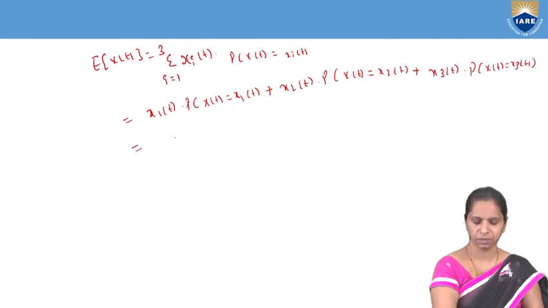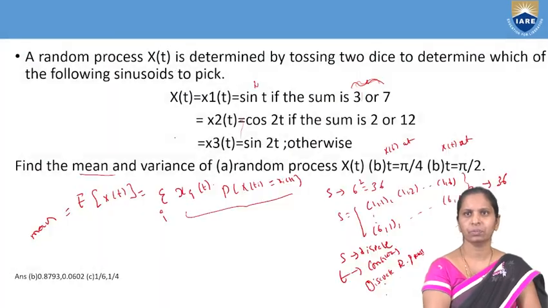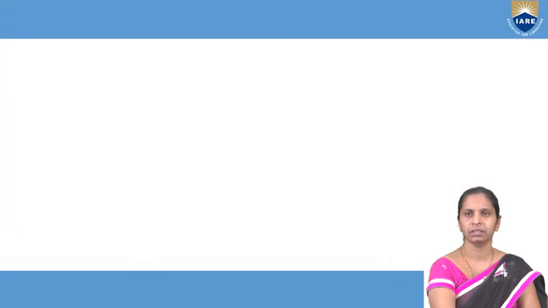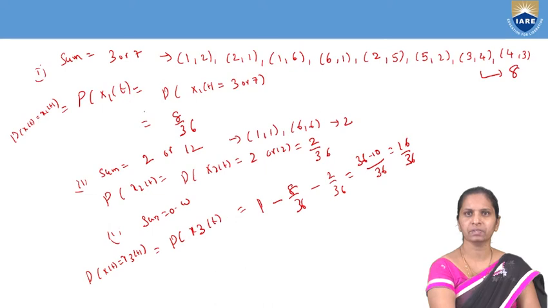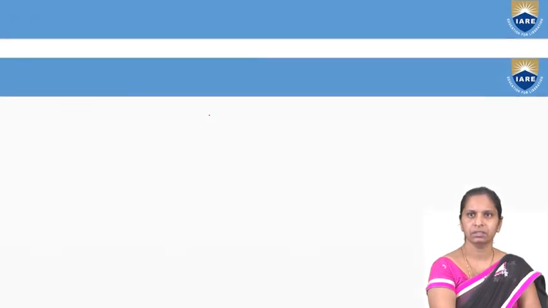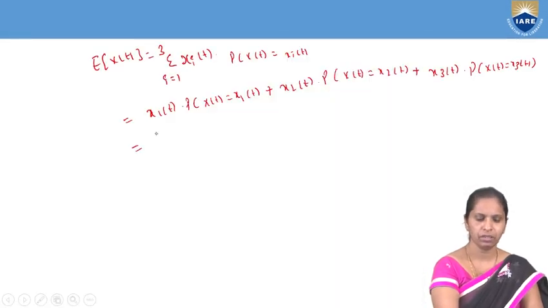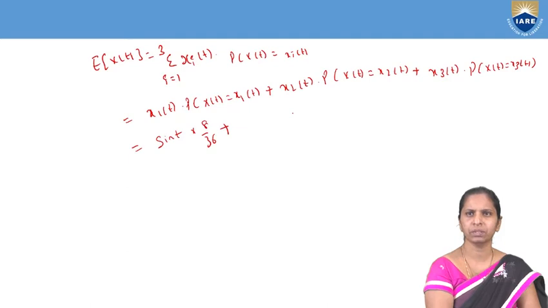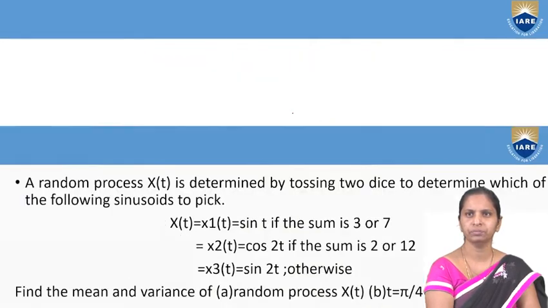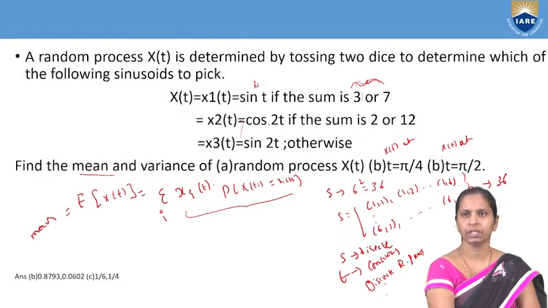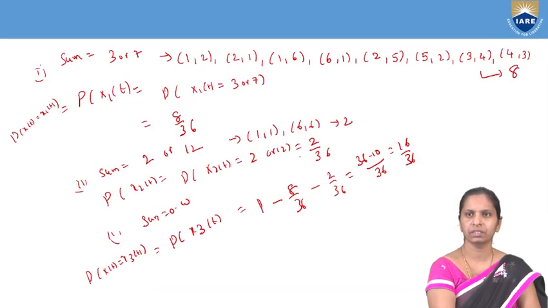Then what is x1 of t they have given? In the problem they have given x1 of t is sin t. And the probability at x1 of t equals 8 by 36. Therefore what do you get here? x1 of t equals sin t, sin t into 8 by 36 plus x2 of t. What is x2 of t they have given in the problem? Cos 2t. And the probability at this is equal to 2 by 36.